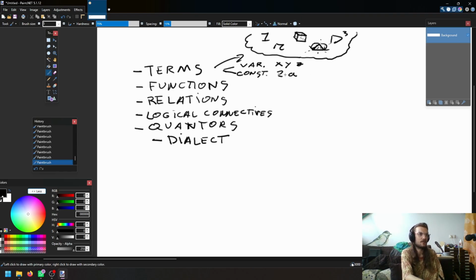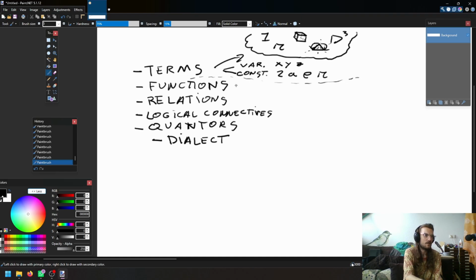This is why it's not the case that when you have something that is not just a number, it's automatically a variable. A can be a constant, e can be a constant, pi is a constant, right? So yeah, it's just about whether it's determined, and we'll talk a bit later when we talk about quantors more in depth. So that's terms.